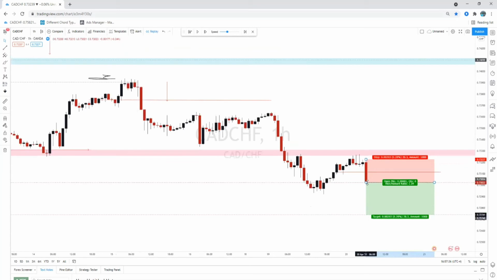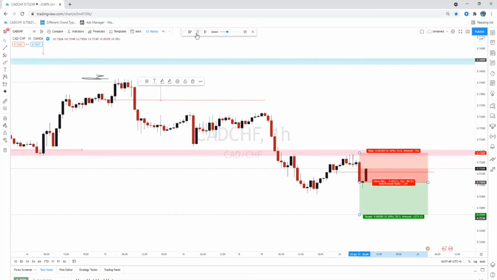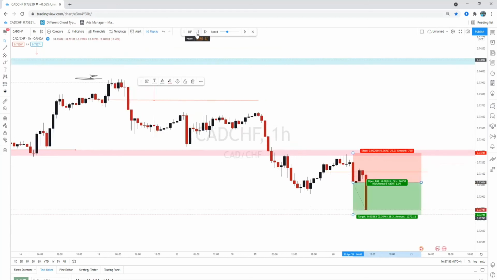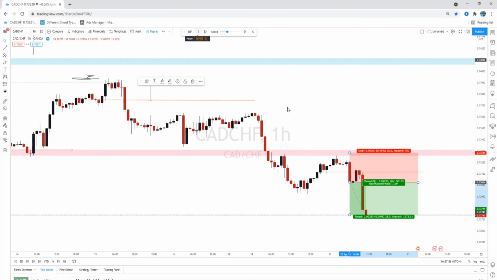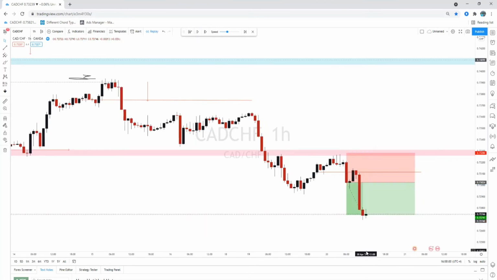Obviously this is not a good risk to reward ratio, but for the sake of this example, this is what you're going to do. Then you take profit. Let's go to other pairs.